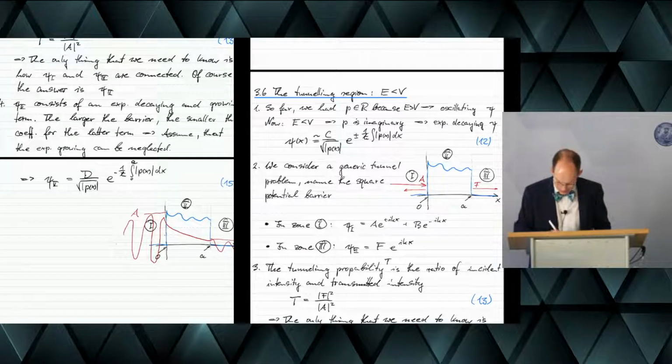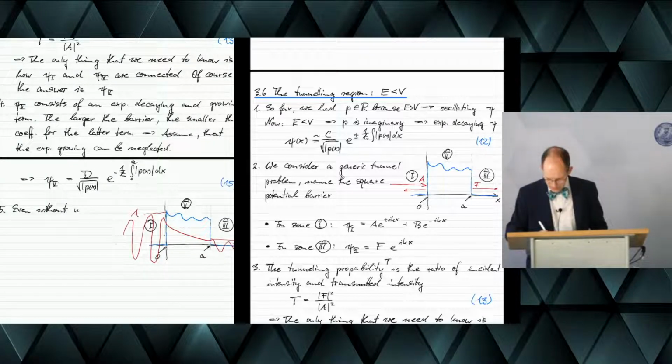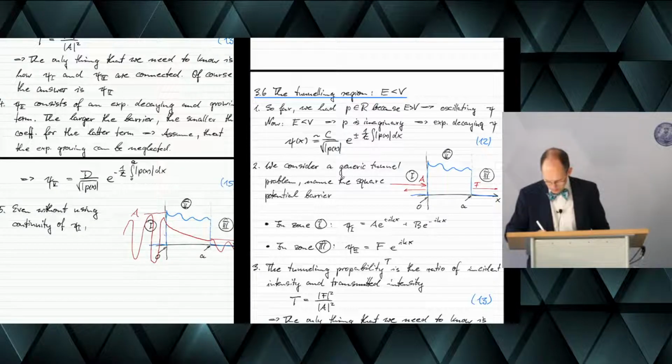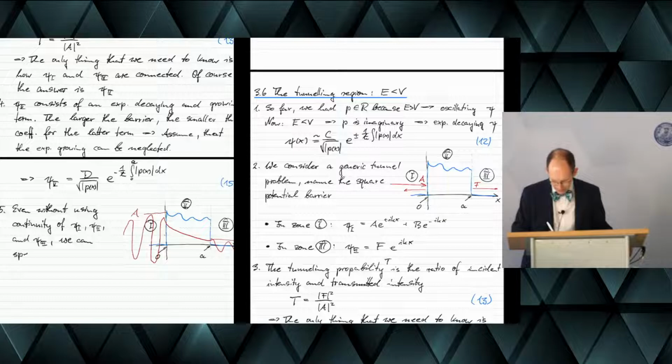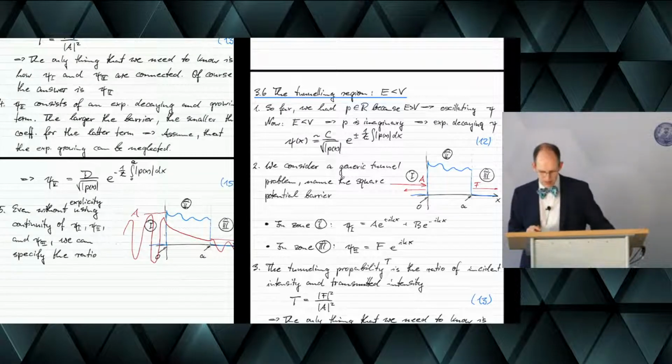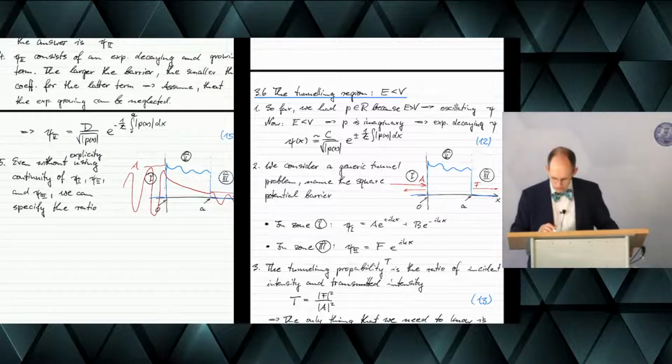So let's write down that. Even without explicitly using the continuity of psi 1, 2, and 3, we can specify the ratio of A and F. Well, we kind of use it, of course.